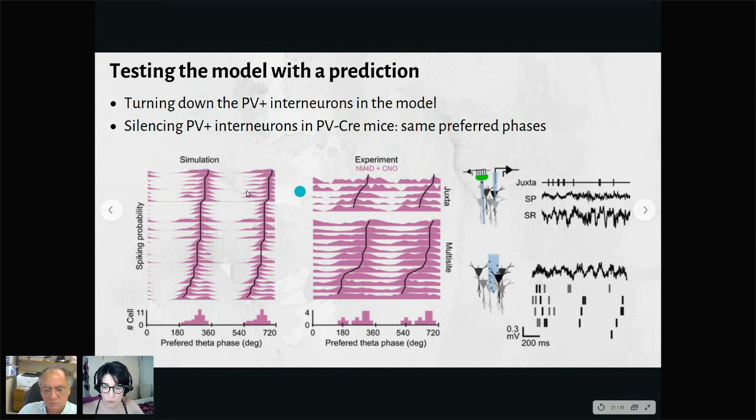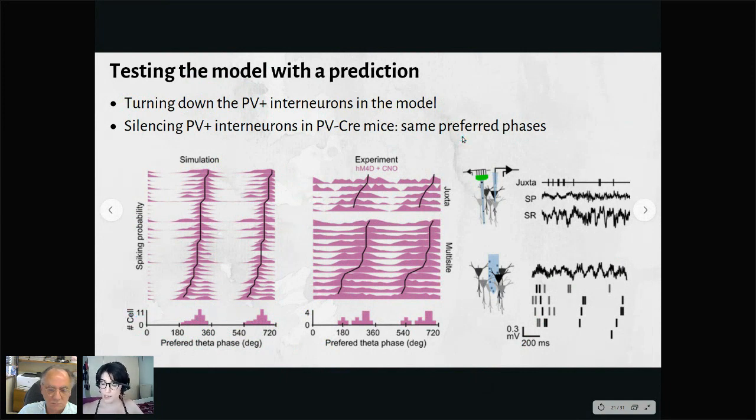Here we can see each of these rows is the spiking histogram of one synthetic cell with all this heterogeneity we have been talking about before, and the preferred phases are the ones plotted with this black line, and we can see the preferred theta phase distribution here in the bottom panel, and as we could expect, it is in the descending part of the theta rhythm.